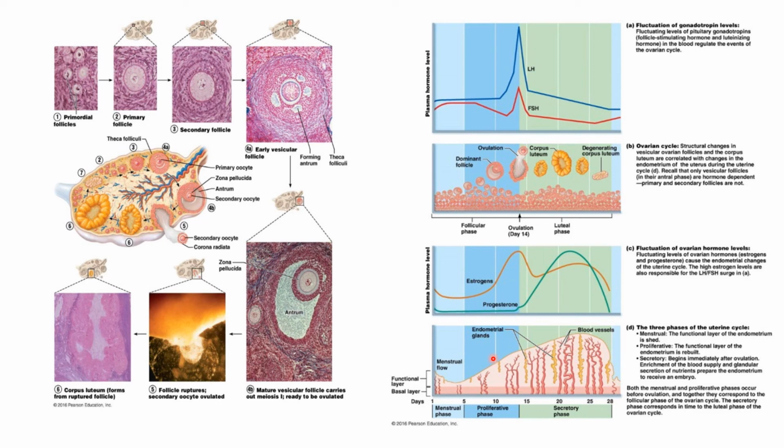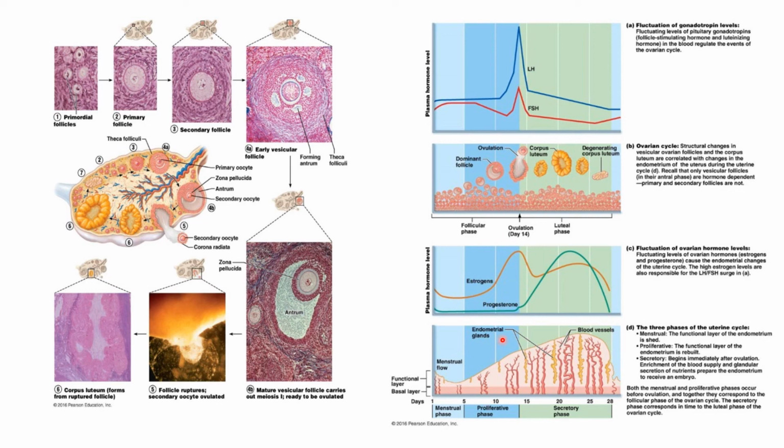During that stage, the cervical mucus is going to start becoming less thick to facilitate the sperm passage into the uterus, because as you can see, the secondary oocyte would have been ovulated.